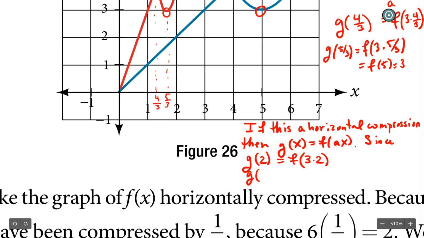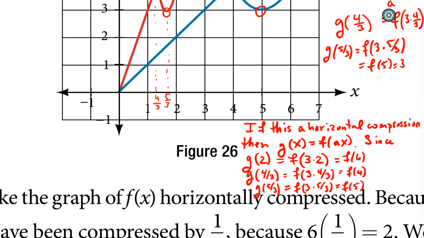Since g of 4/3 is the same as f of 3 times 4/3, this is f of 4. And the last one I found, g of 5/3 is f of 3 times 5/3, which is f of 5. So all these have been confirmed: g of 2 is f of 6, g of 4/3 is f of 4.